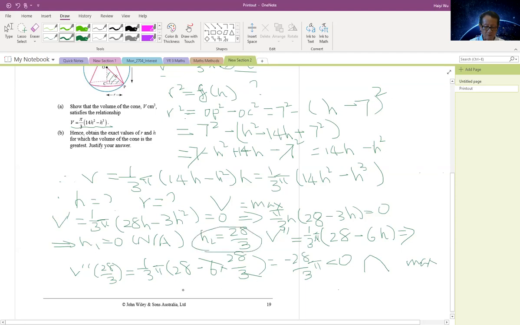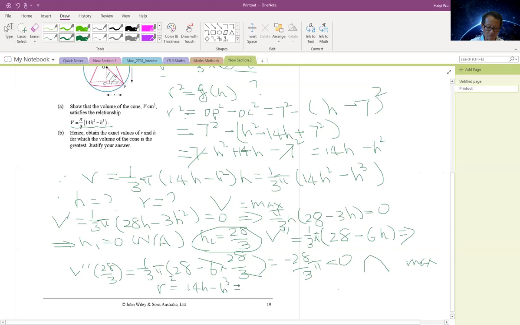Then let's find out r. We know the relation between r and h is r squared equal to 14h minus h squared. So we substitute the h into the equation.